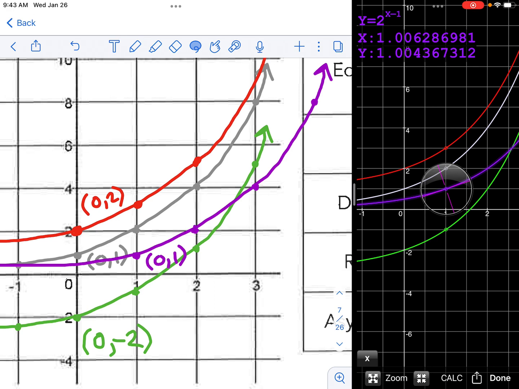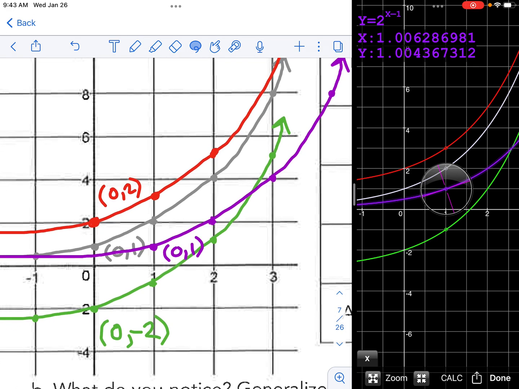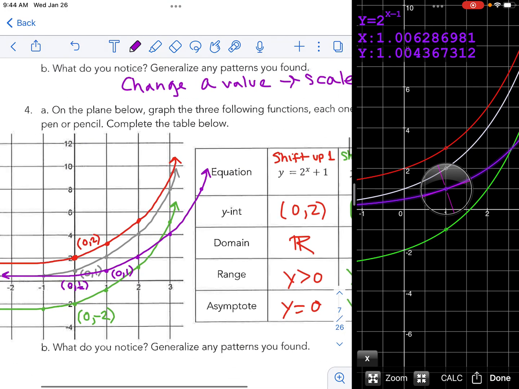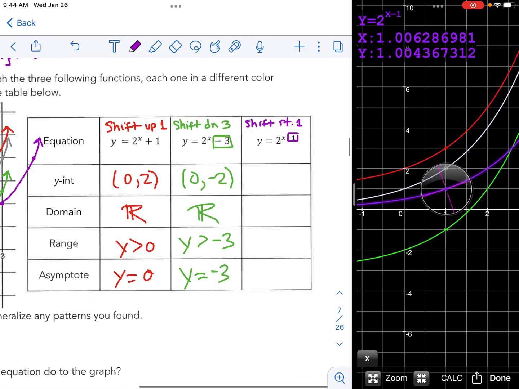Okay, so now it's there, and now what happened is this point here on the gray slid to here on the purple. And if you remember that this is a half, so this intercept here is now 0, a half.